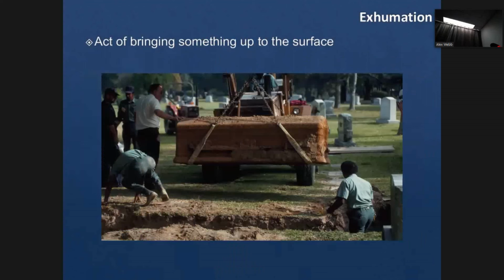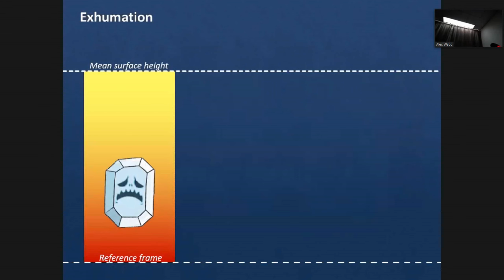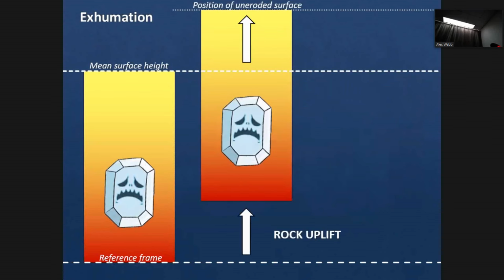Some people have a problem with the definition of exhumation, so that's why I'm coming back to it slowly: the act of bringing something up to the surface. If you have an apatite which is at 110 degrees and you want it to reach the surface, to be cooler, if you do only uplift, it will change nothing.